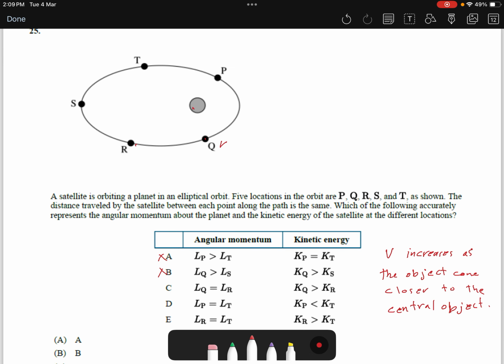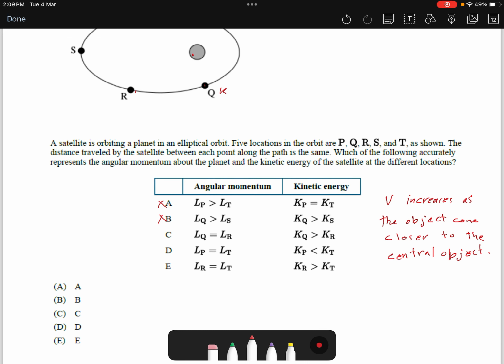That means the kinetic energy at Q should be greater than the kinetic energy at R. So this is right, and also this is right, so C is right.